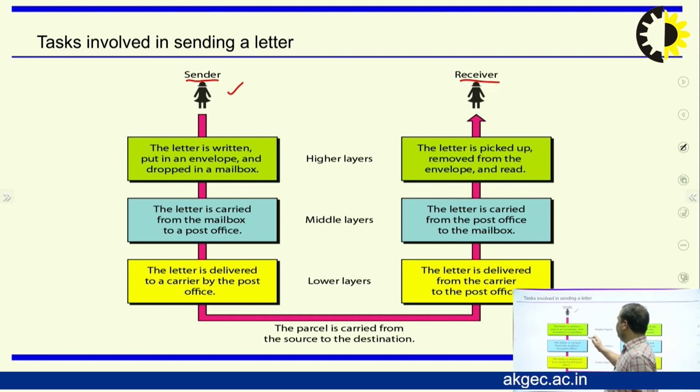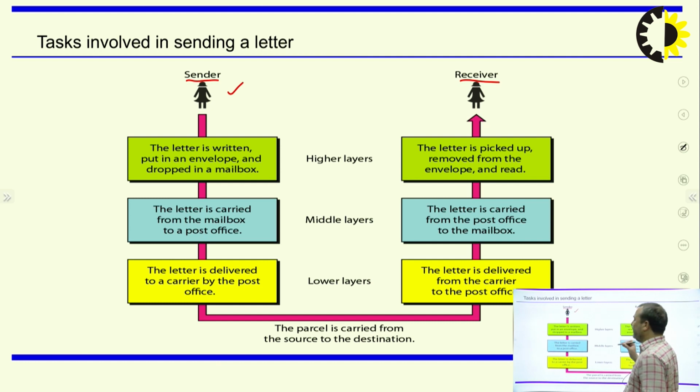Then what happens after dropping the letter into the mailbox? The letter is carried from the mailbox to a post office. Then the letter is delivered to a carrier by the post office. Now the parcel is carried from the source to the destination. On the receiver side, the letter is delivered from the carrier to the post office.